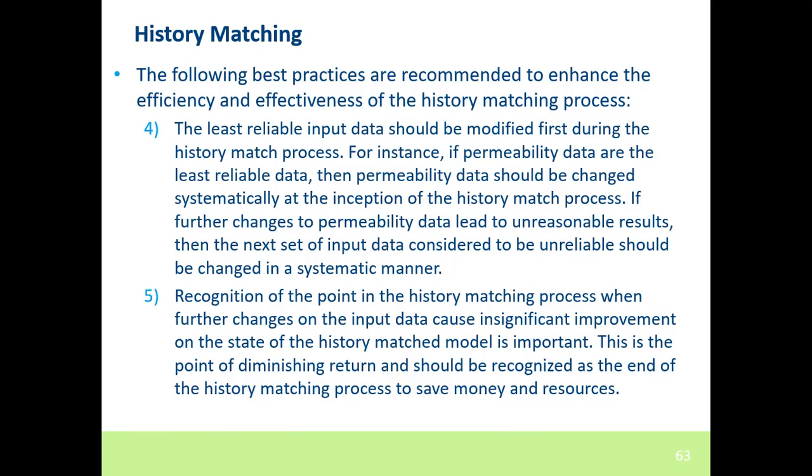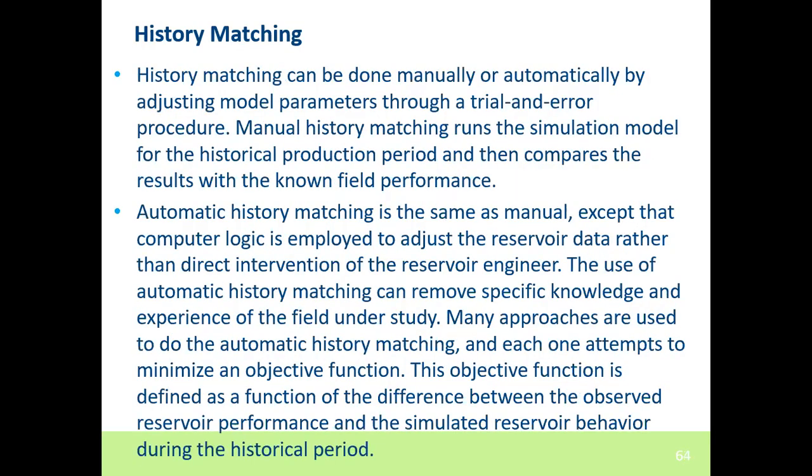And so you must have a cutoff point where you have an objective function, an error function, and you determine when your error function is not being minimized further, and therefore you put a halt to the history matching process. Of course, history matching can be done both manually and automatically. Like when we treated T Navigator, there was an assisted history matching module, and what the automatic history matching process helps you to do is ensure that the tuning of the parameters can be done in a systematic manner.